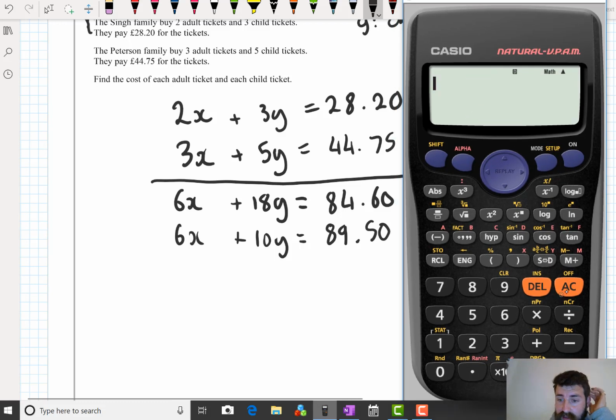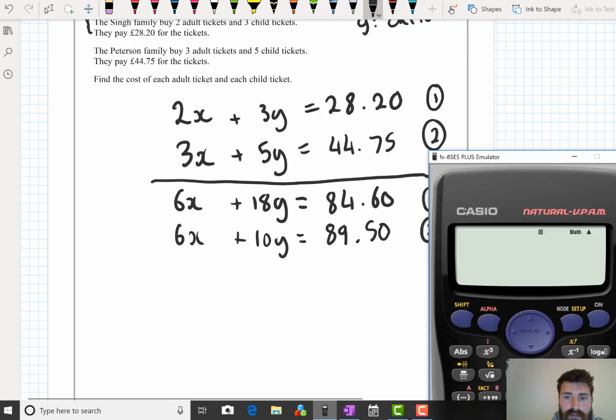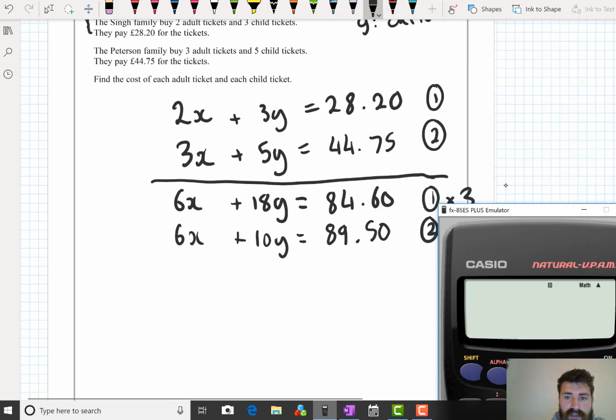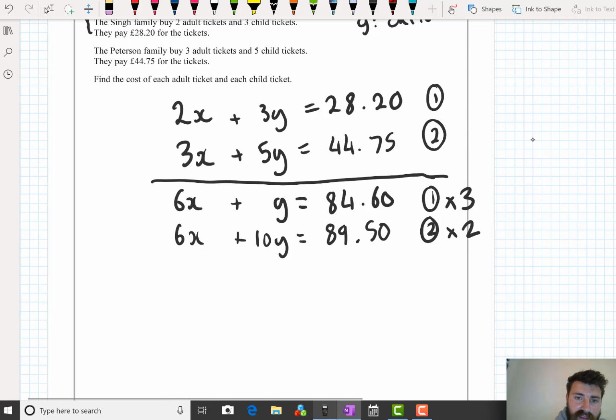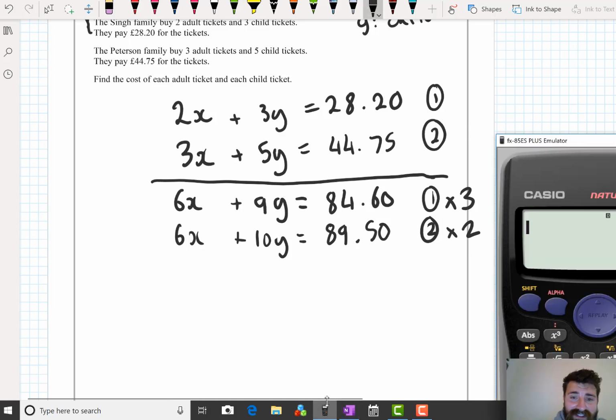Mistakes can happen. Equation 1 times 3. I multiply 3 by 3 and get 18? That is a new one, if I've ever heard of it. 3 times 3 is 9. But did I do £28.20 times 3 successfully?